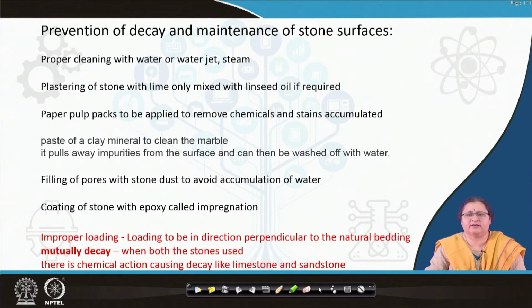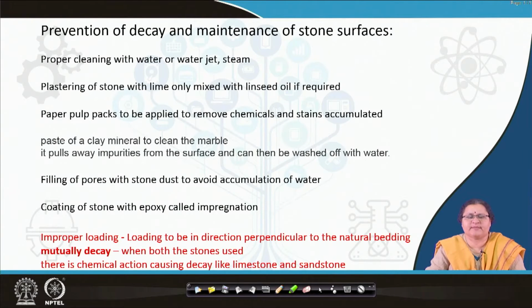That gives back the old color or the natural look of the stone which was getting ruined due to the deposition of different kinds of dust, dirt or chemicals. Once you do that, the impurities come out from the surface and it leaves the stone clean with its original shine.